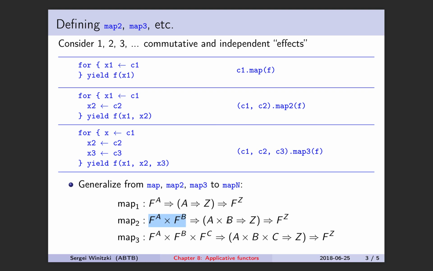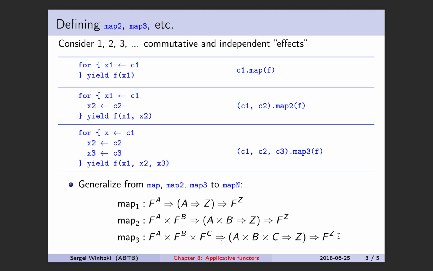It takes two containers, as we already saw on the previous slide. Map3 takes three containers. It takes a function with three arguments instead of two, and it again returns a new container. So clearly this is how we can generalize map1, map2, map3, and so on. The type signatures are clear.